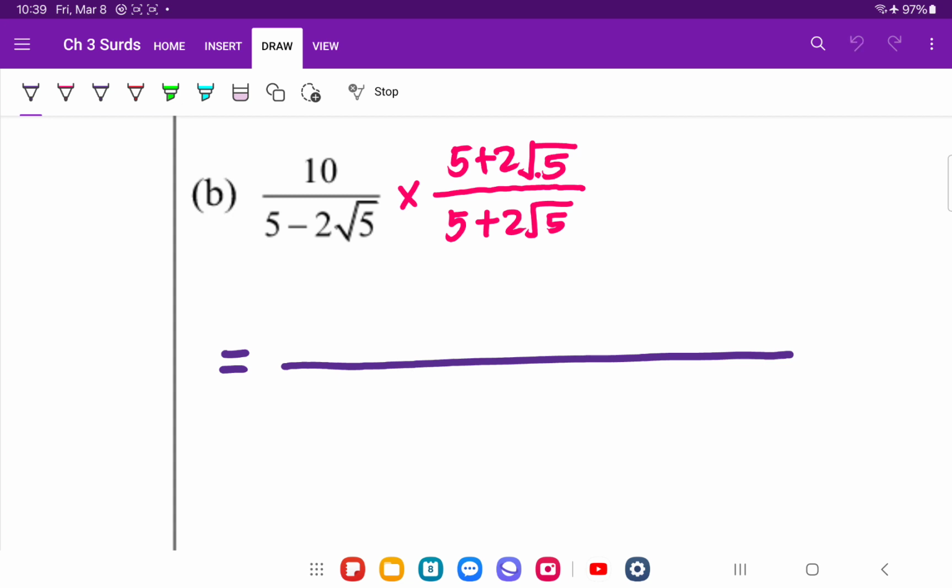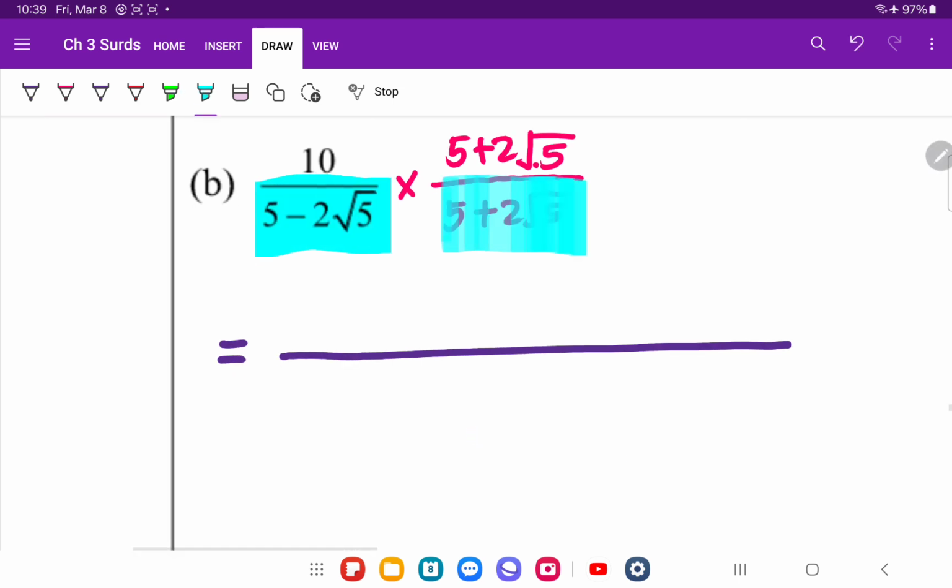Can I hear from Daryl? What should I put in the denominator when you have conjugate surds that are multiplied to one another? Conjugate surd, conjugate surd. The answer is on the board, Daryl.